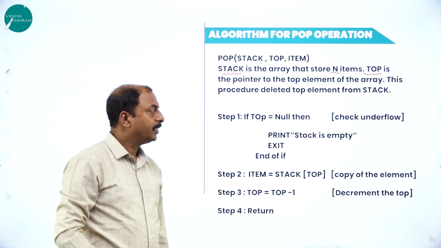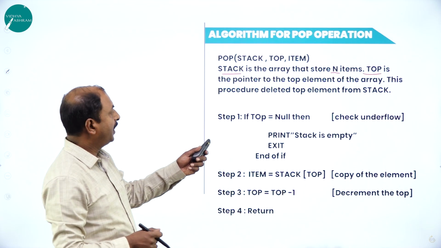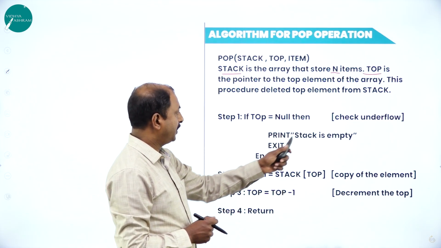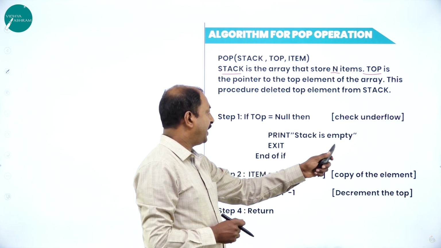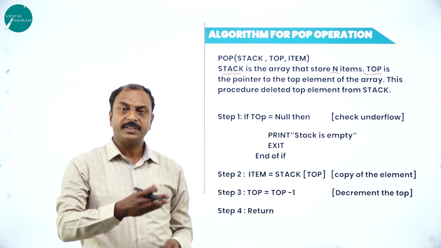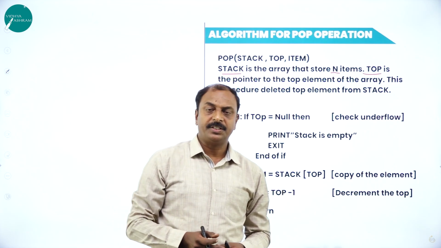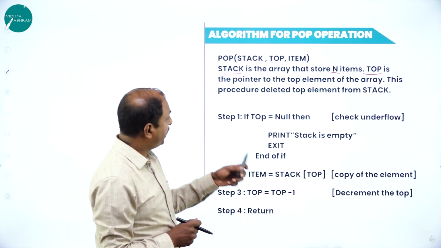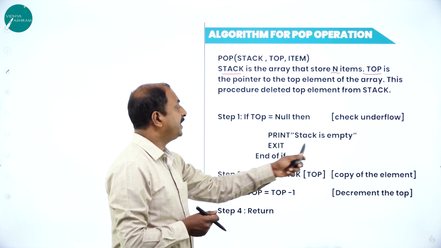Now look at the algorithm. Step 1 is, again, we have to check for a condition. If top equal to null, then print stack is empty. So in the previous example, we checked whether the stack is full or not. But in this example, we have to check whether the stack is empty.